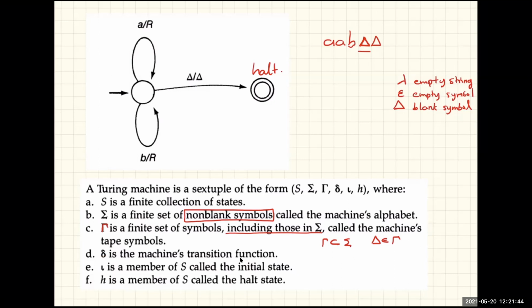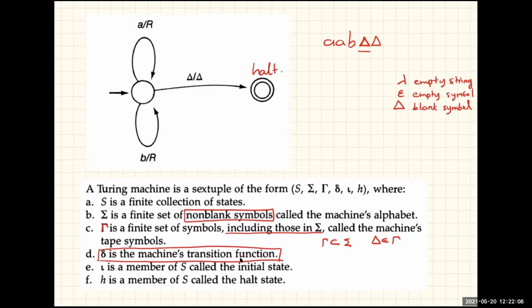And also we have delta, which is the machine's transition function. And the same as before, please remember the definition of deterministic finite automata. And also remember the definition of pushdown automata. Please remember the difference in this delta.